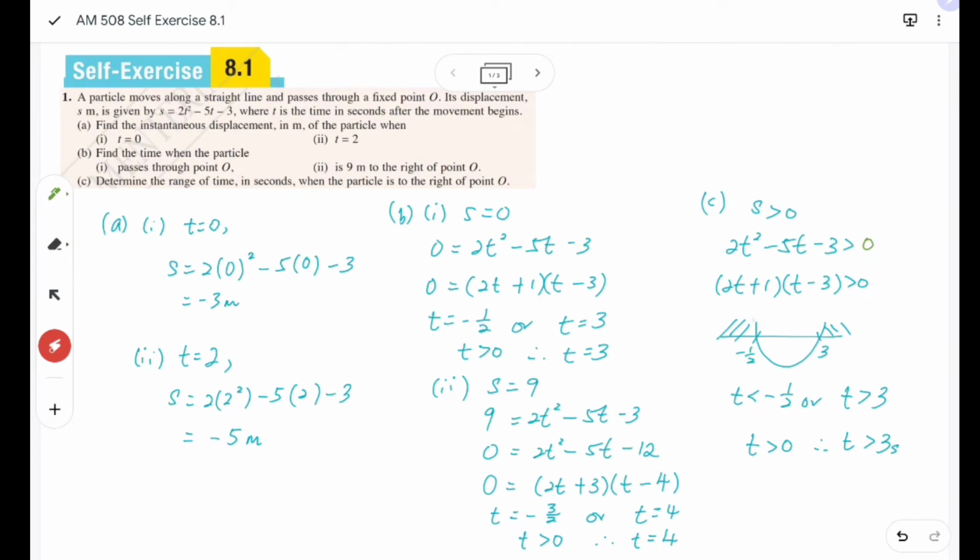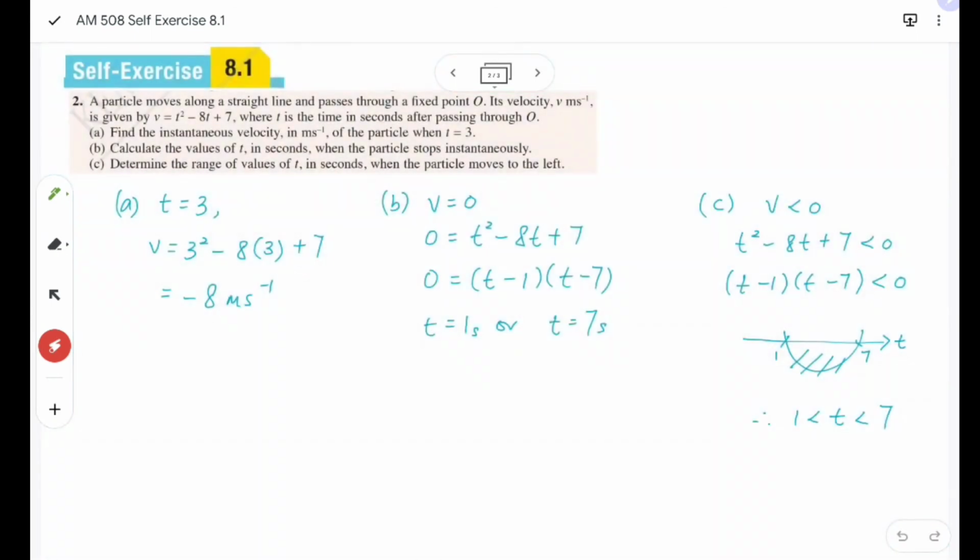So from the quadratic curve, we have negative 1 over 2 and 3 as the roots, and when we want greater than 0, we want the part above the t-axis. Therefore, t is less than negative 1 over 2 or t is greater than 3. But as we see, t must be positive, therefore t must be greater than 3 seconds.